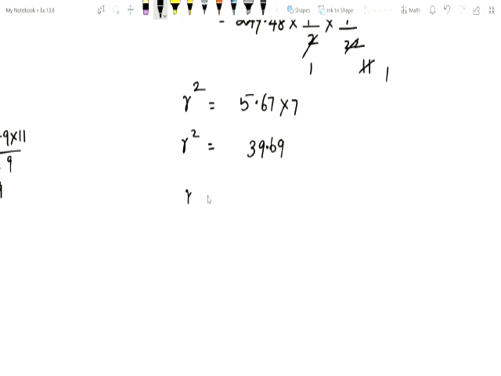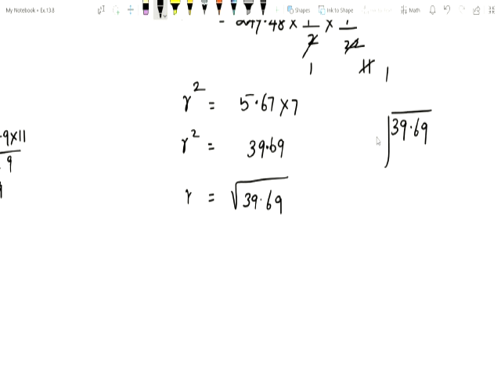Now we need to find out the radius value. So r equal to root of 39.69. Square will change to square root. Now taking the square root. First you take the first 2 digits. 5 5s are 25, 6 6s are 36.